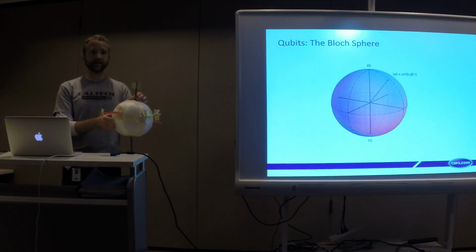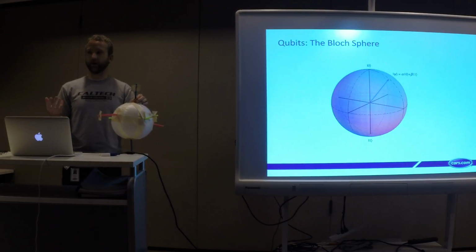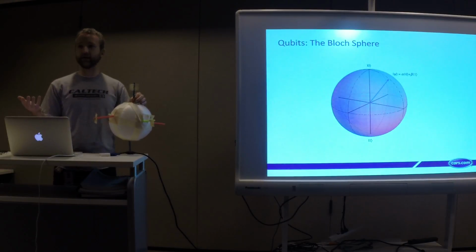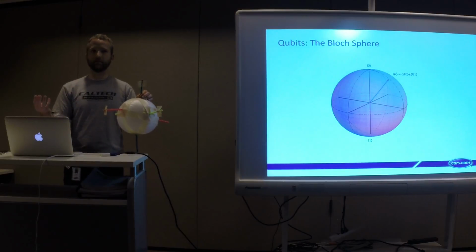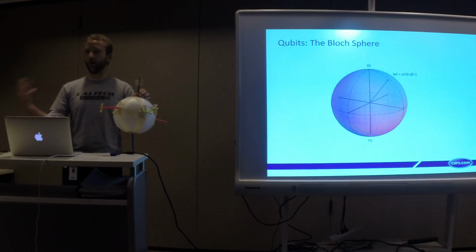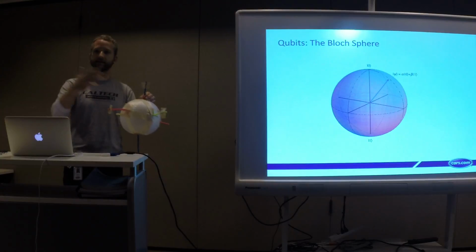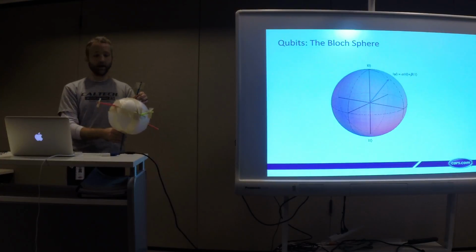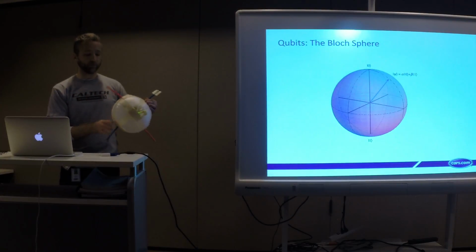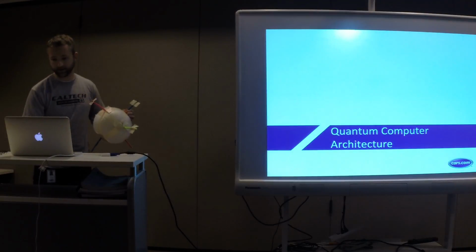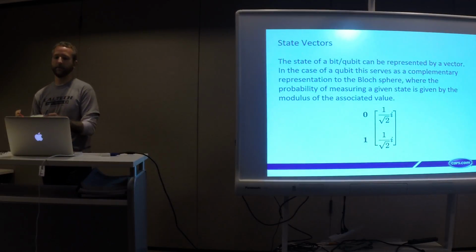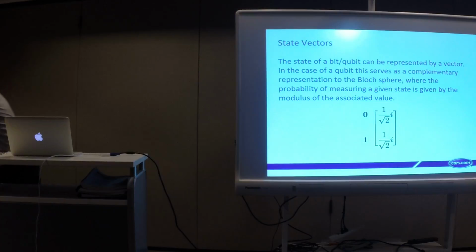But the phase also allows for a hidden, well, the operative word is entanglement between bits, so that the state of one, when measured, depends upon the state of another. So let's get on to architecture.